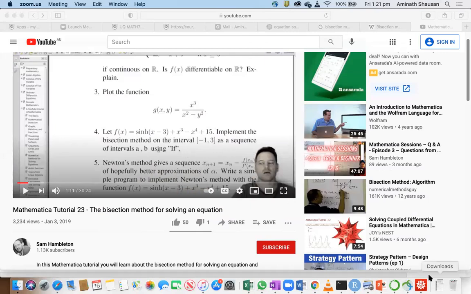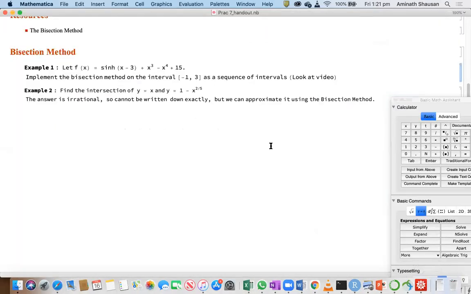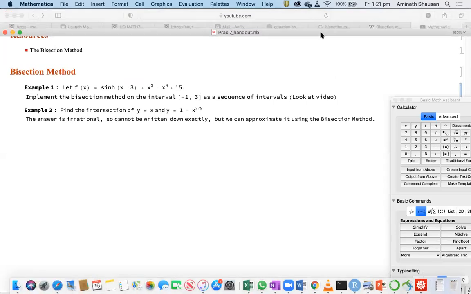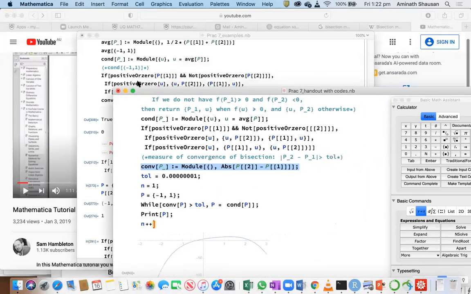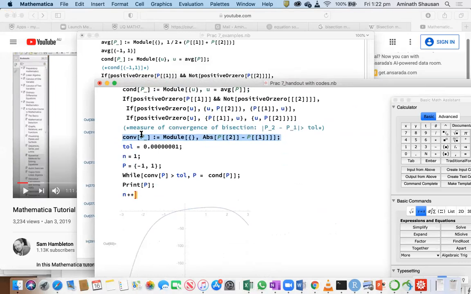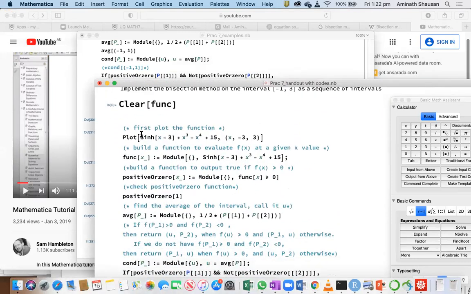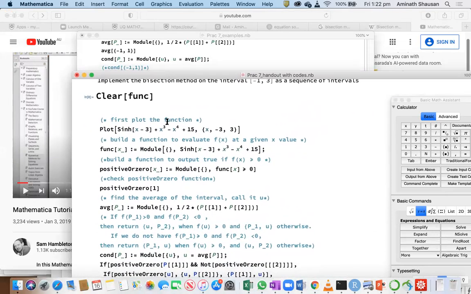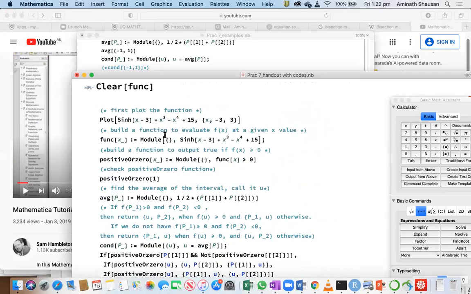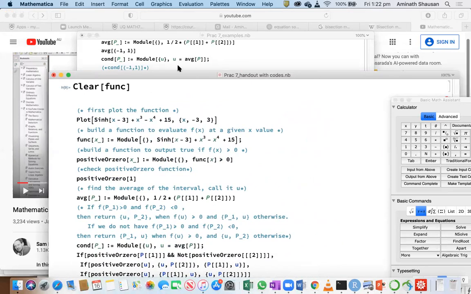So the way this works is, first of all, plot this function to check where the interval is.